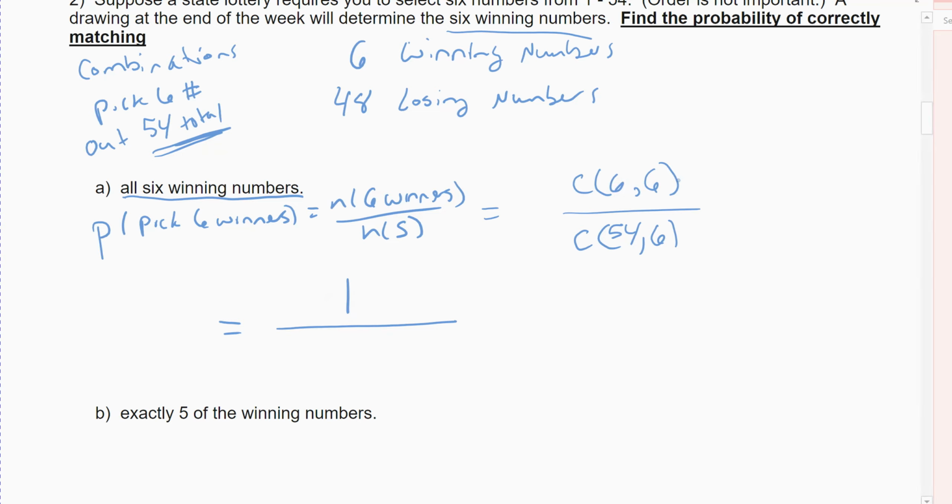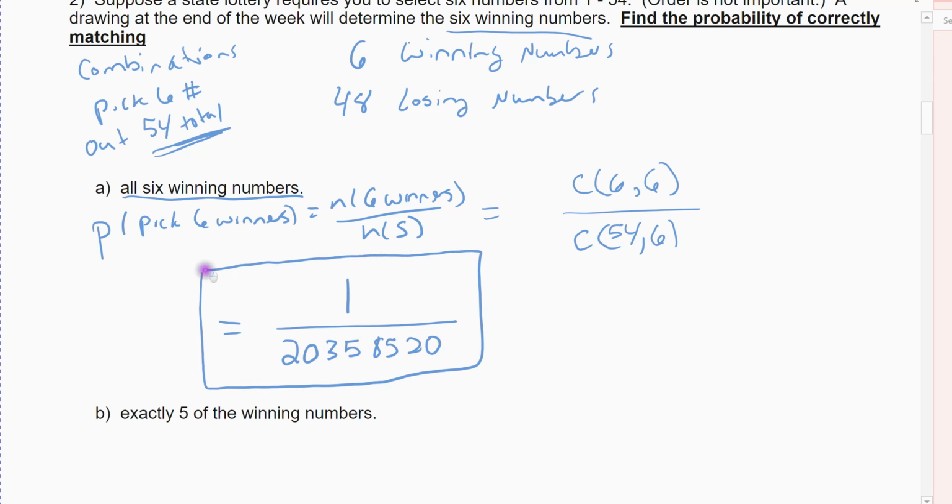In the bottom, however, is a really big number, and make sure you're very careful when typing this out. It's 23,584,520. If this type of problem showed up on a final or a quiz, it would probably show up as multiple choice because we wouldn't want you to mistakenly type this in. It would be really easy to do.